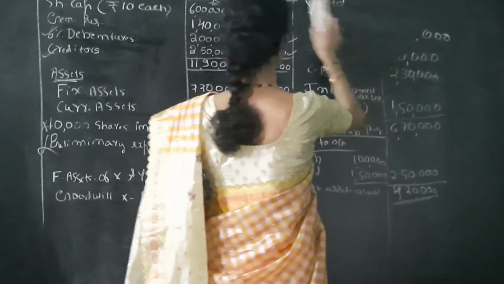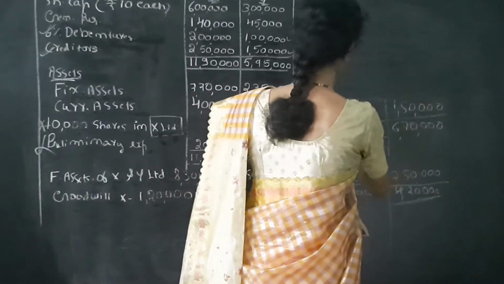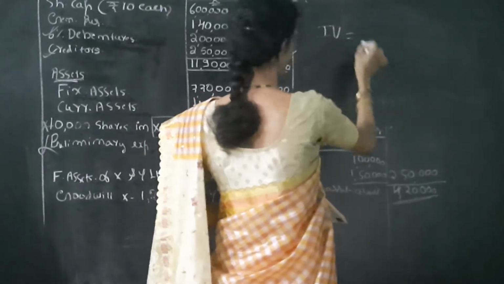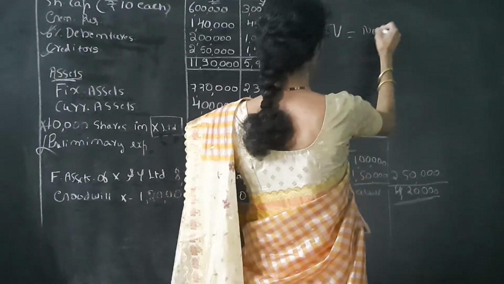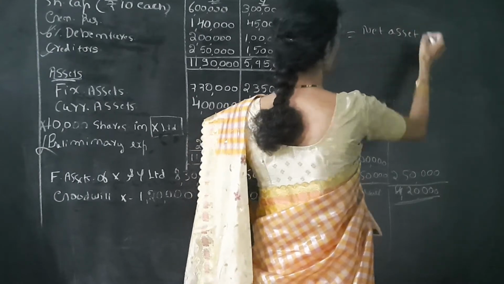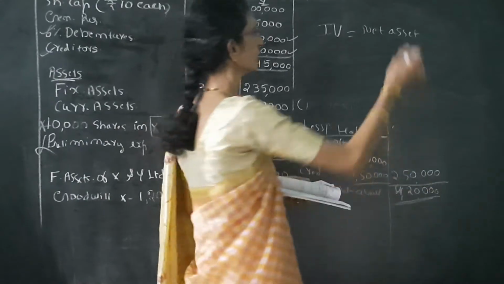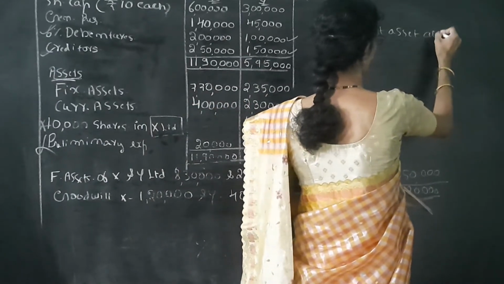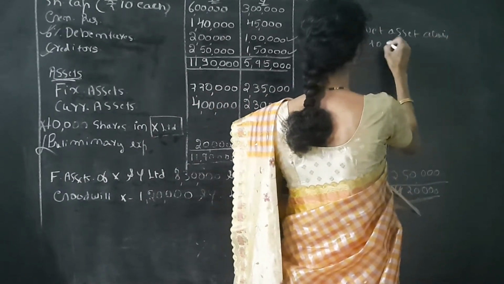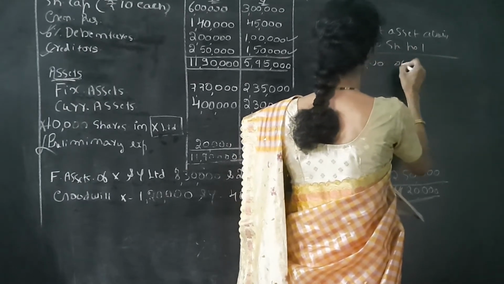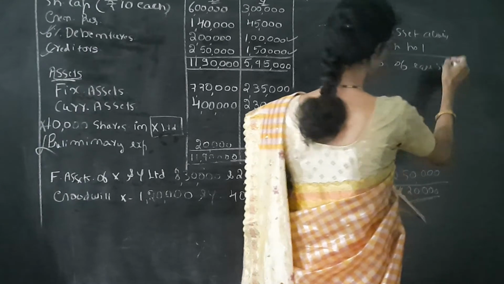Next we have to calculate the intrinsic value of Y Limited. So intrinsic value of Y Limited is equal to net assets available to shareholders or profit available to shareholders divided by number of equity shares.